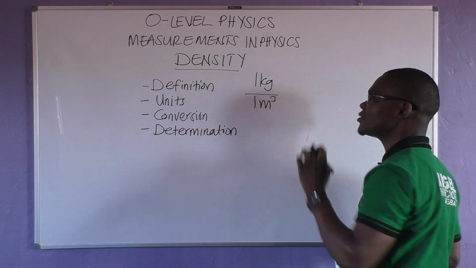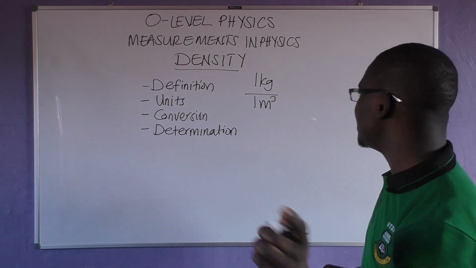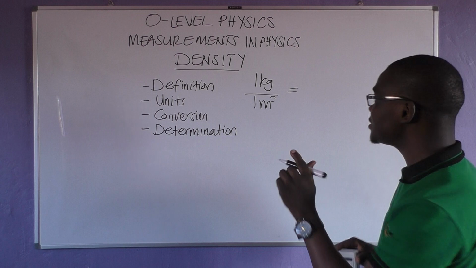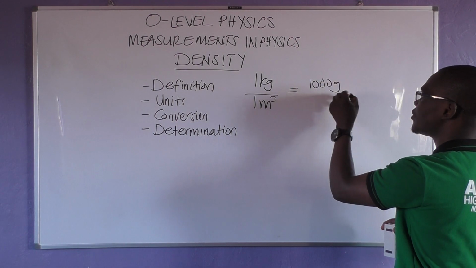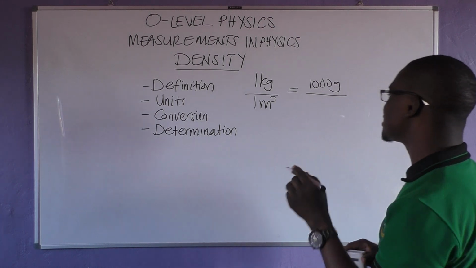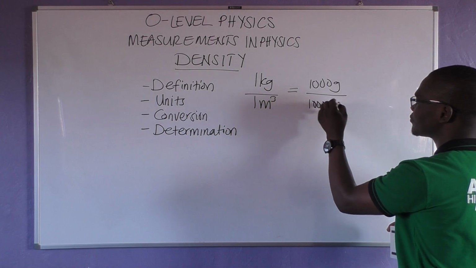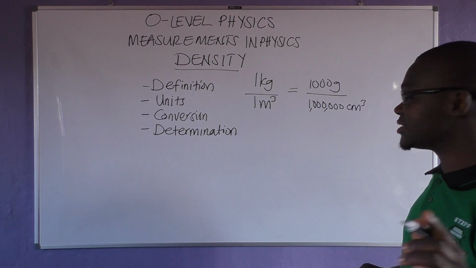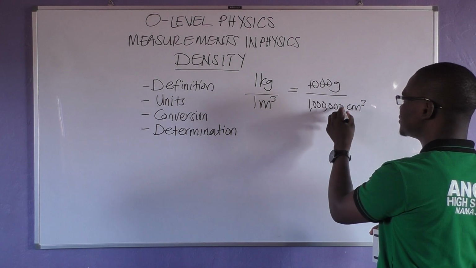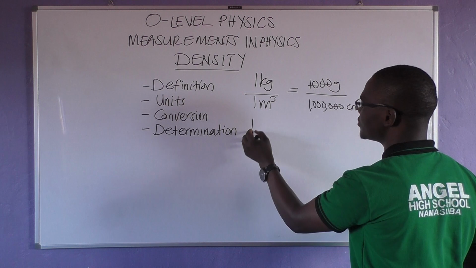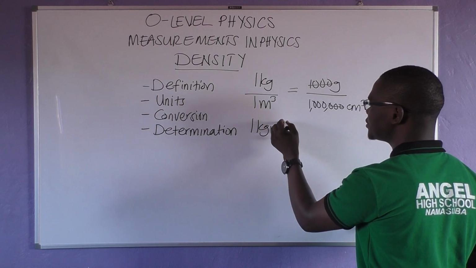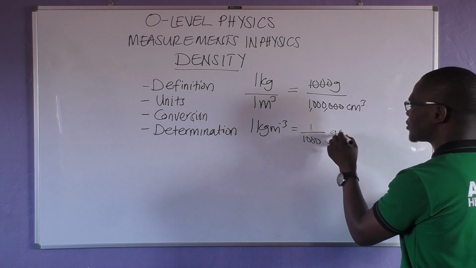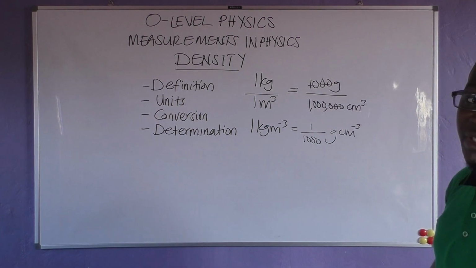So when we divide 1 kilogram by 1 meter cubed, this is the same as dividing 1,000 grams by 1 million centimeters cubed. So that means that 1 kilogram per meter cubed is equivalent to 1 over 1,000 grams per cubic centimeter.